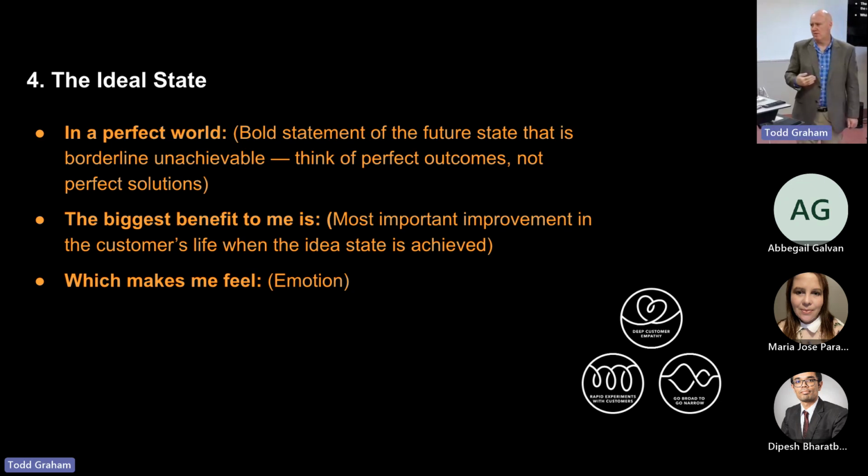Well, that's the solution. The goal state, the perfect state, would be, I want people to maybe eat healthier or have the information that they need to eat healthier. I want them to feel like they're in better control of their nutrition and their health.